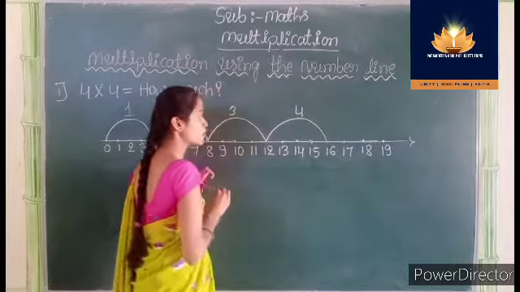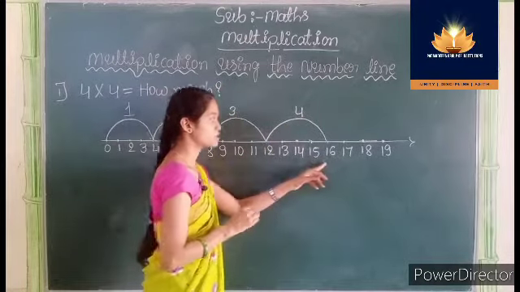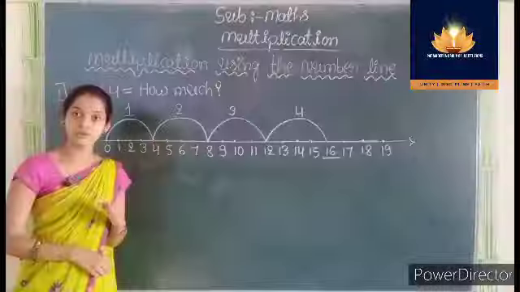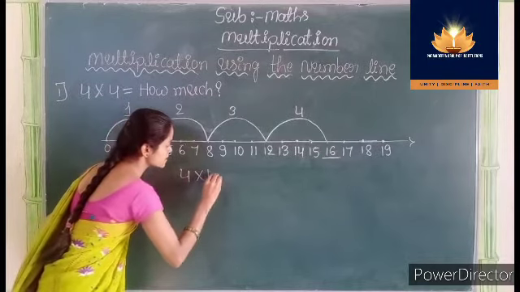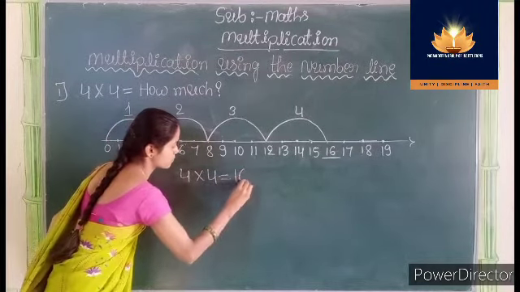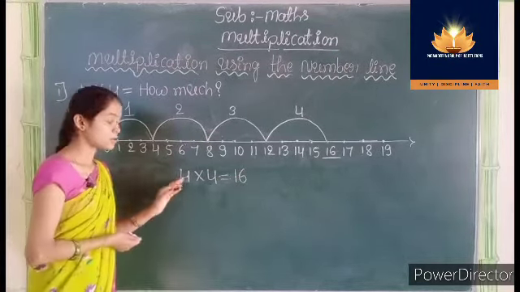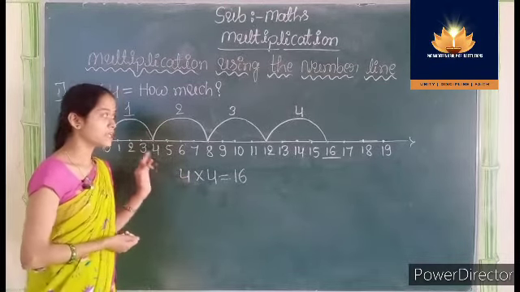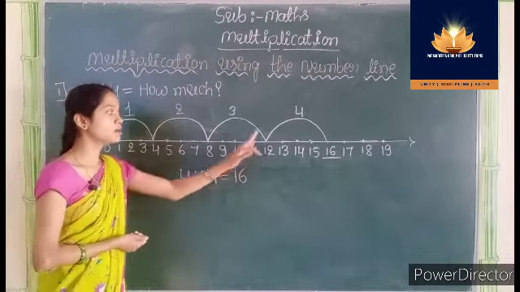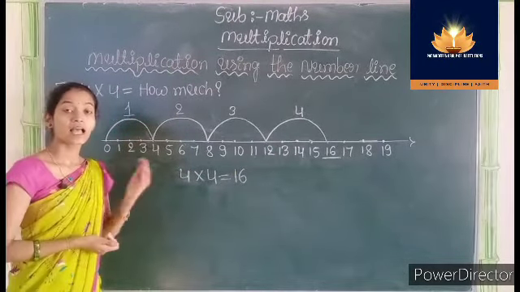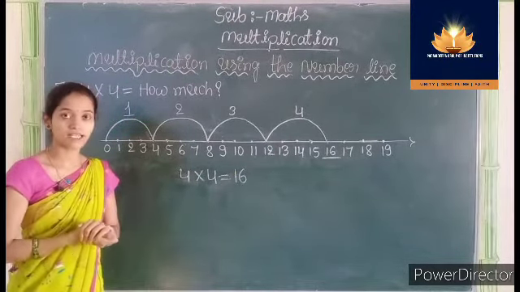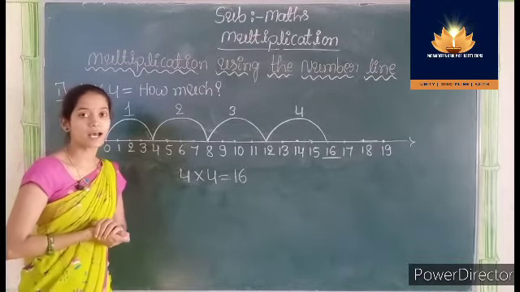So after performing 4 jumps, we reached 16. So 4 into 4 or 4 jumps of 4 is 16. We have to perform 4 jumps. In each jump, we have to cover 4 stages. Okay. Like this, we can multiply numbers using a number line.